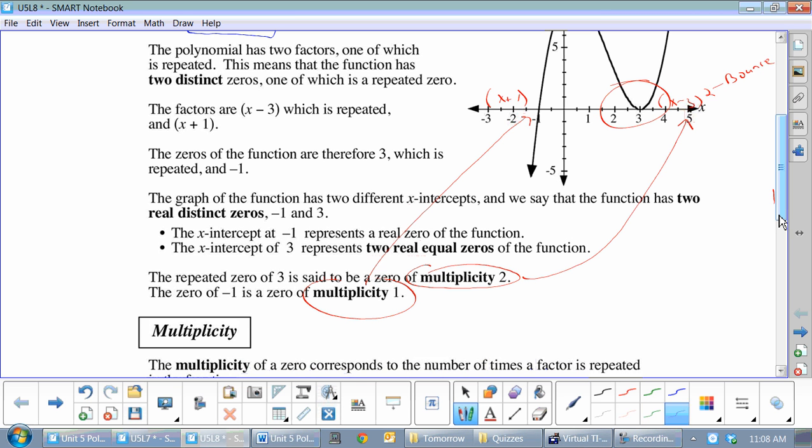And whenever you have x cubed, so say you have x minus 3 cubed, it's going to go like this. It'll do something like that. That is a multiplicity of 3.